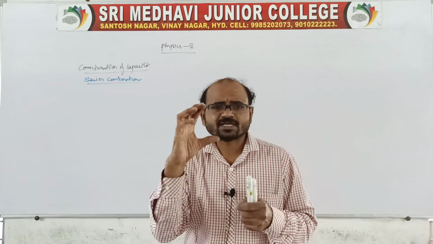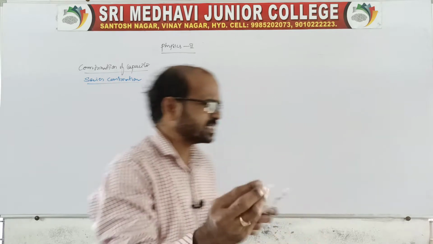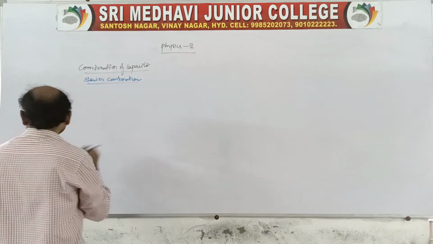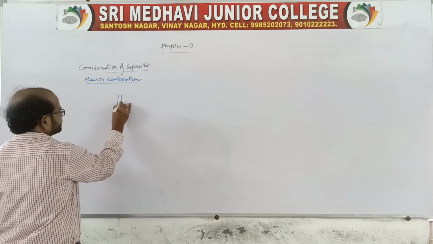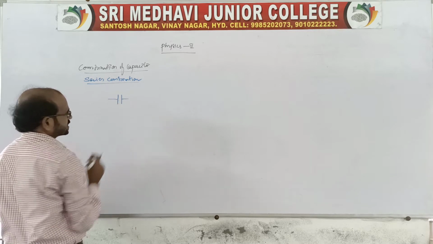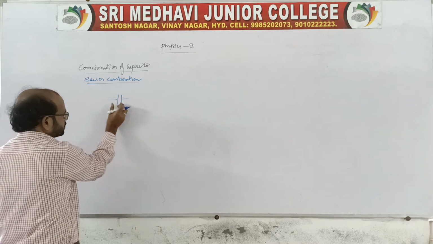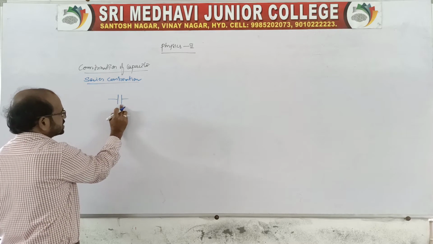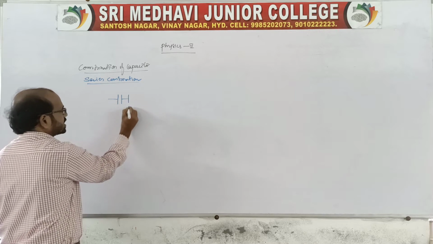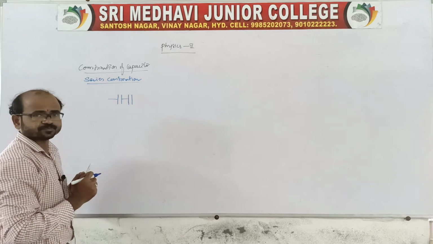If you take one capacitor, this is the first terminal and this is the second terminal. In series combination, the first capacitor's second plate is connected to the second capacitor's first plate.